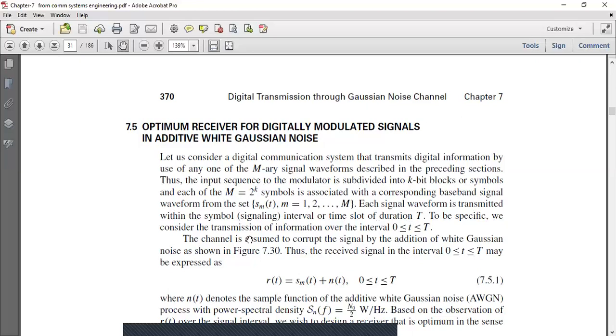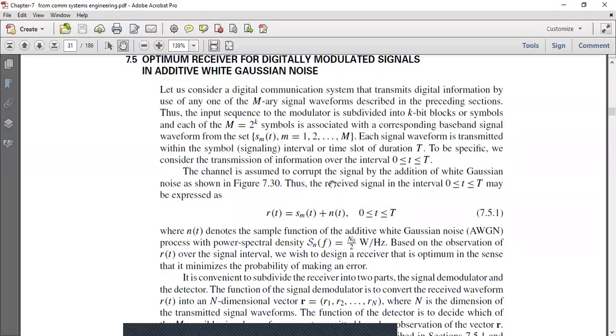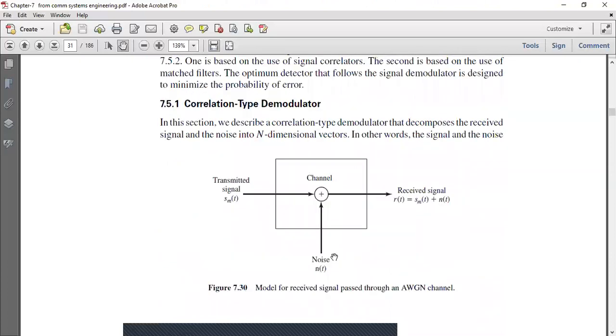To be specific, we consider the transmission of information over the interval 0 to T. The channel is assumed to corrupt the signal by the addition of white Gaussian noise as shown in figure 7.30. So the model is over here in figure 7.30. You can see that the transmitted signal is s_m(t), then it goes through the channel, noise n(t) is added, and received signal is r(t) equal to s_m(t) plus noise.